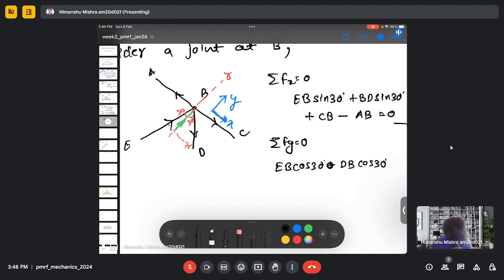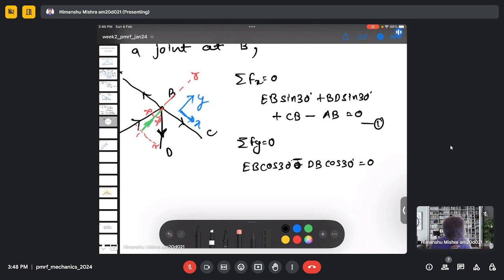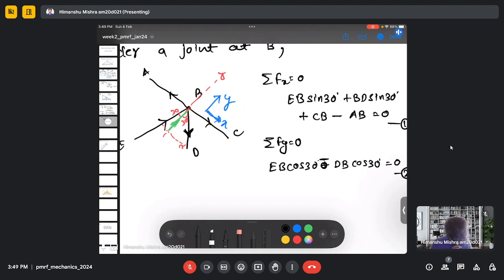DB will be minus, which is acting opposite, equal to 0. This is my equation 2. And the unknown force is here, EB. Let me write this BD. And EB is also an unknown force.